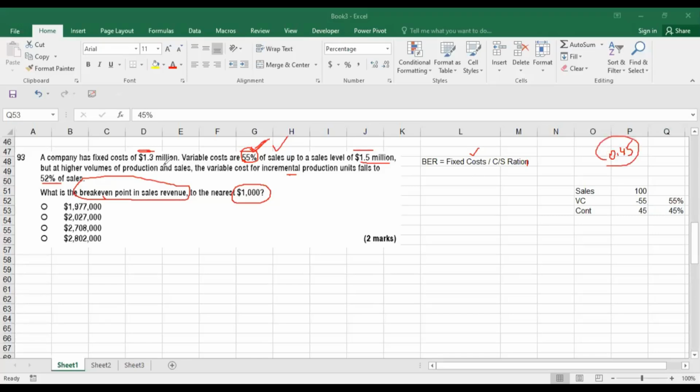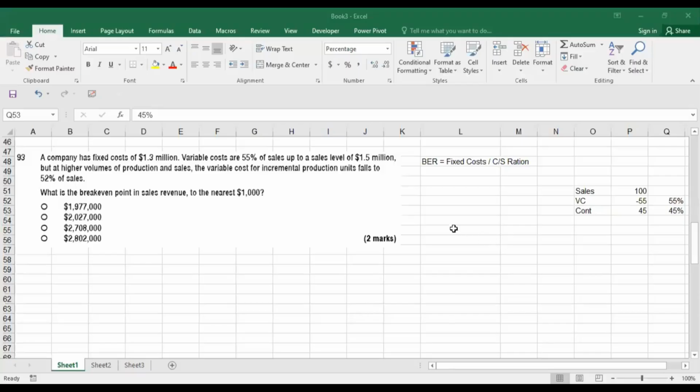But when sales increase beyond 1.5 million, variable cost becomes 0.52, and if variable cost becomes 52%, the CS ratio will be 0.48. So I have two CS ratios. Which one should I be using? That's an interesting question. Can somebody help me with how to do it?